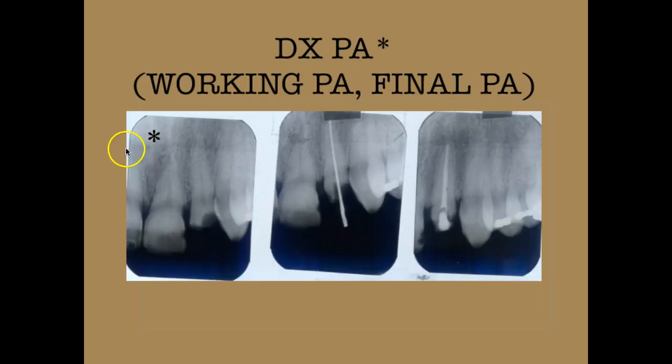Another diagnostic aid that's really important is a diagnostic quality periapical image. With a periapical image for endodontic treatment, we want to make sure that it has good vertical angulation, that it's not foreshortened, which would shorten the tooth, and it's not elongated, which of course would present a very long tooth.